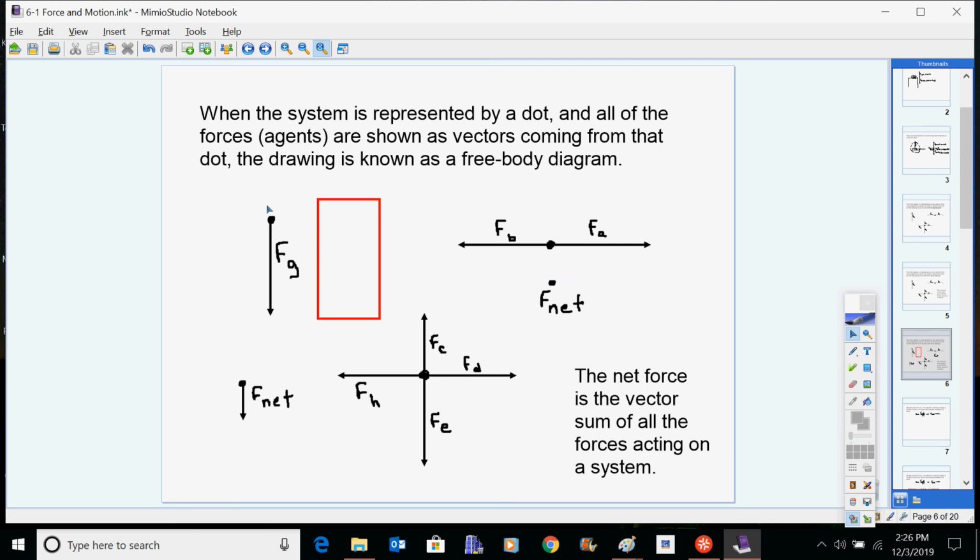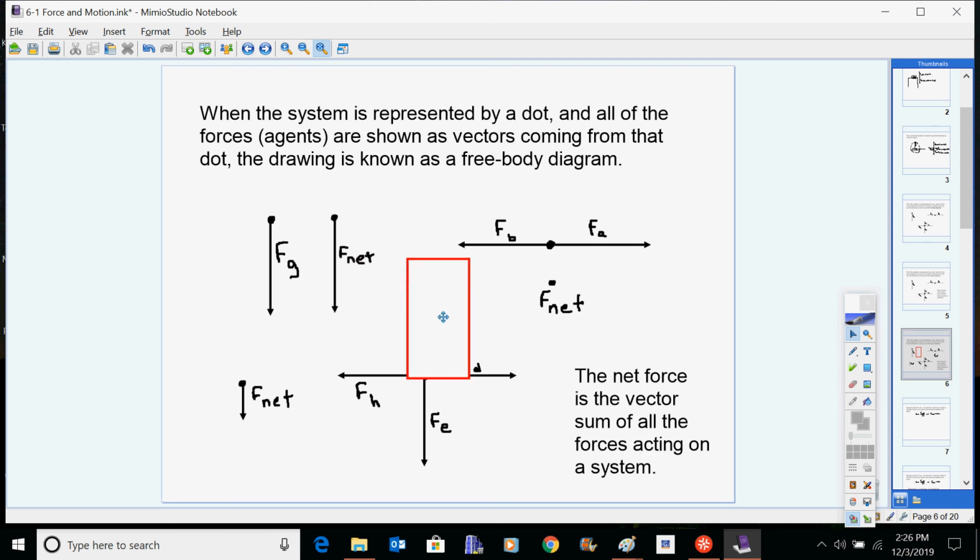Then right here, it's just downward, and it matches. It's exactly a match because all of the force that's being exerted goes into the net force. There's only one thing to add, so it's just that number.